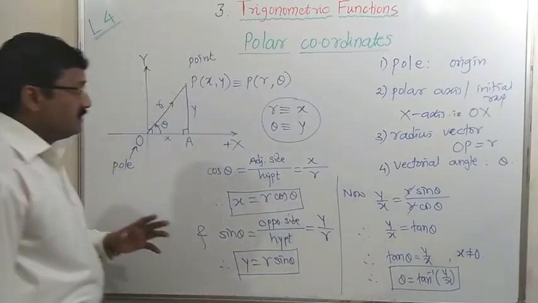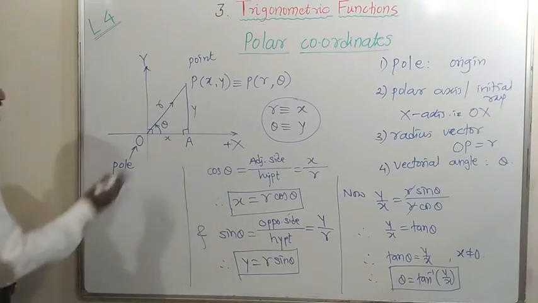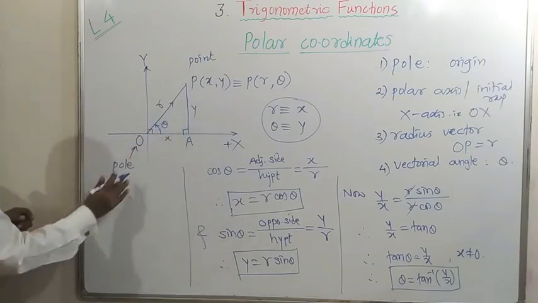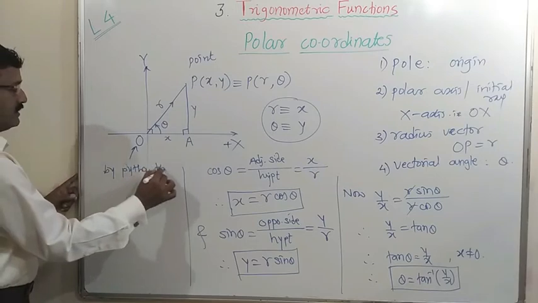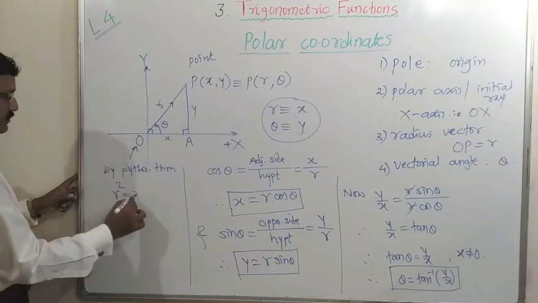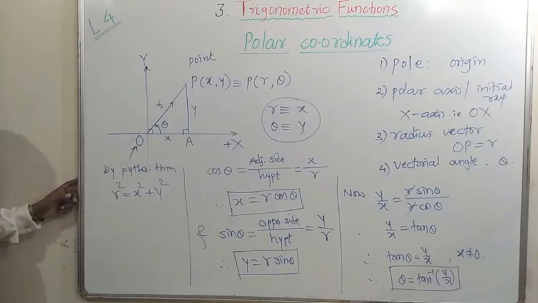Then how to find r whenever x and y are given? So here from this triangle, as this is a right angle triangle, by using Pythagoras theorem, we can write here r square is equal to x square plus y square. Is it okay?